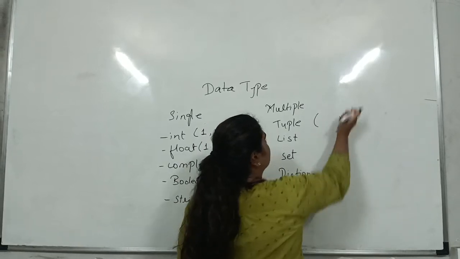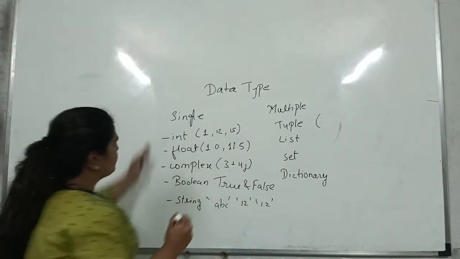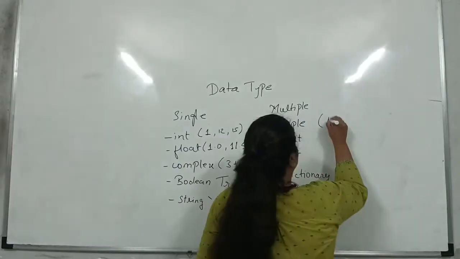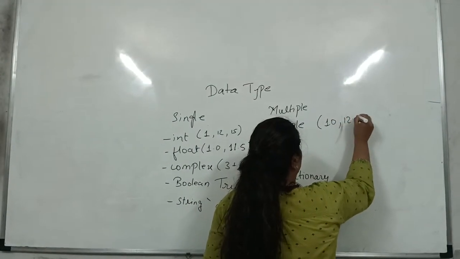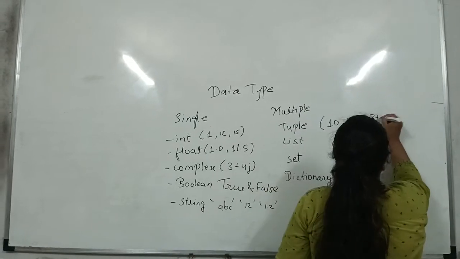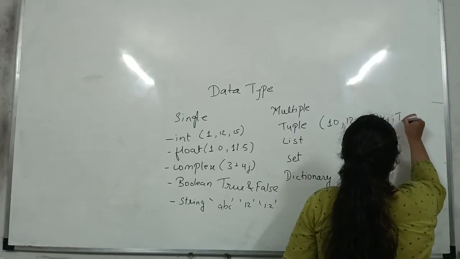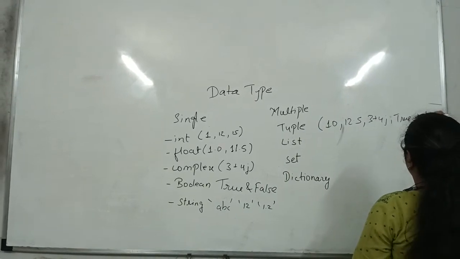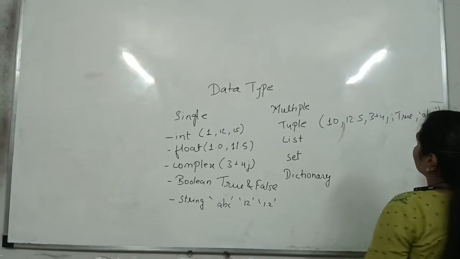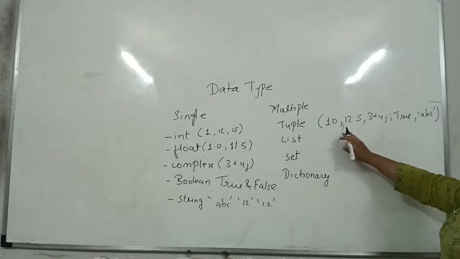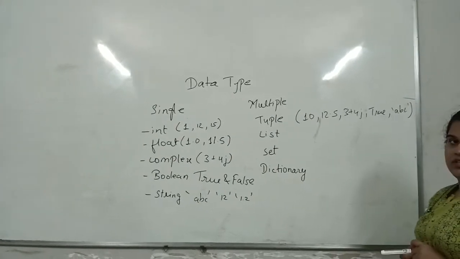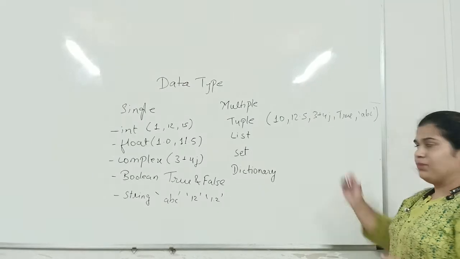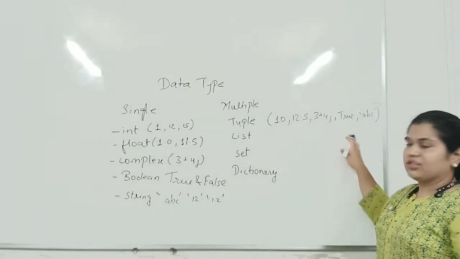In round brackets, the value with all the single data types combination is stored in tuple, like integers 10, 12.5, complex number, boolean, or string. The main thing about tuple is that we can only store and access the data, but we can't manipulate the data stored in the tuple.